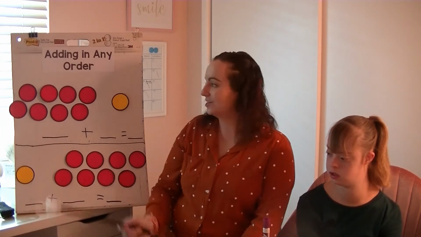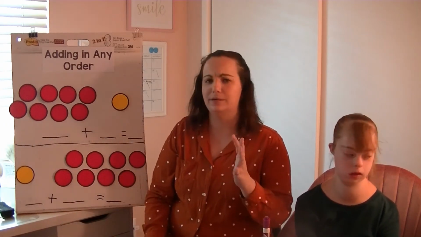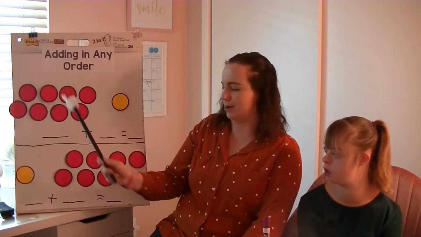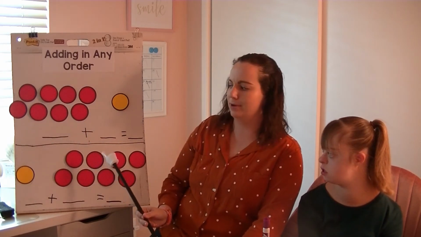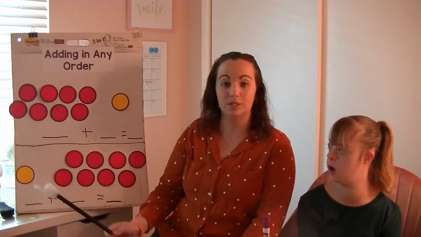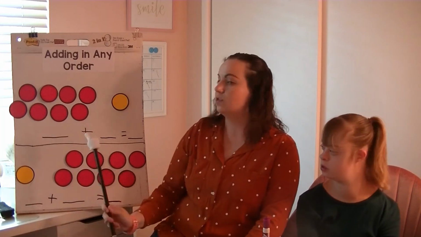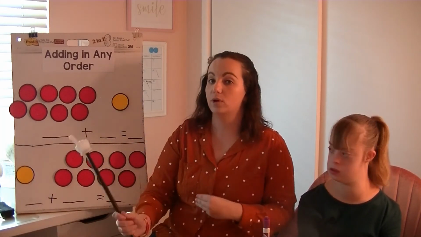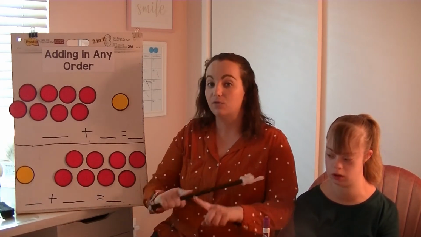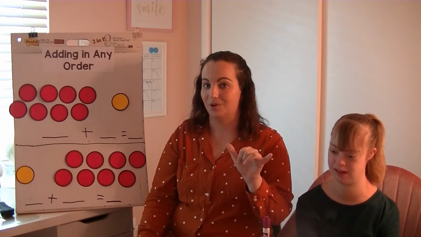Maybe you're once again starting to see that same amount of red counters is down here, and that same amount of yellow counters is down here in this problem too. Well, that's because we're going to switch the position of the addends, the numbers we're adding, and see if we get a different or the same answer.